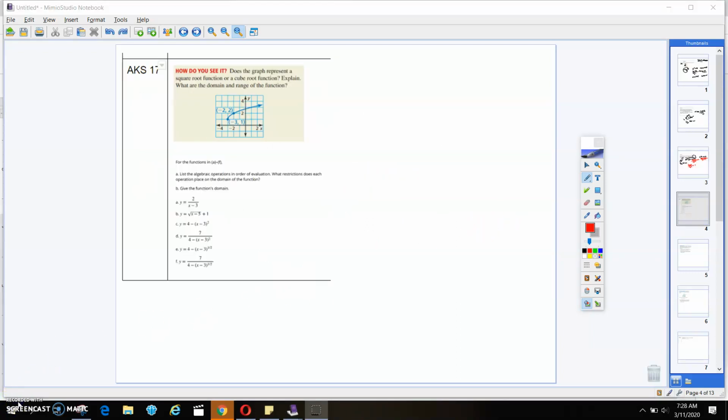On AKS 17, does the graph represent square root or a cube root function? Explain what are the domain and range of the function. Okay, so is this a cube root or is this a square root? Well, let's put into our calculator.